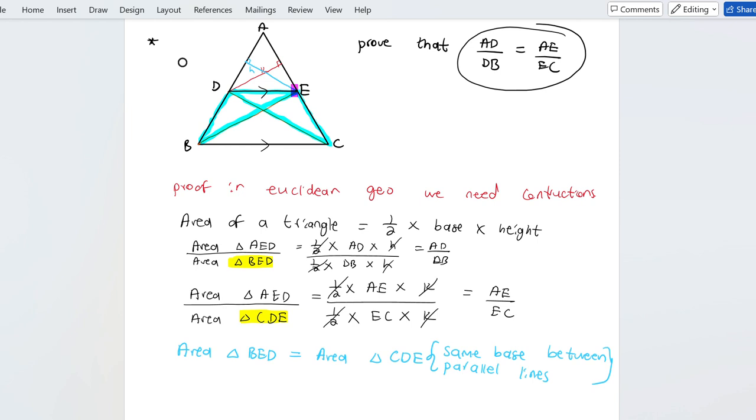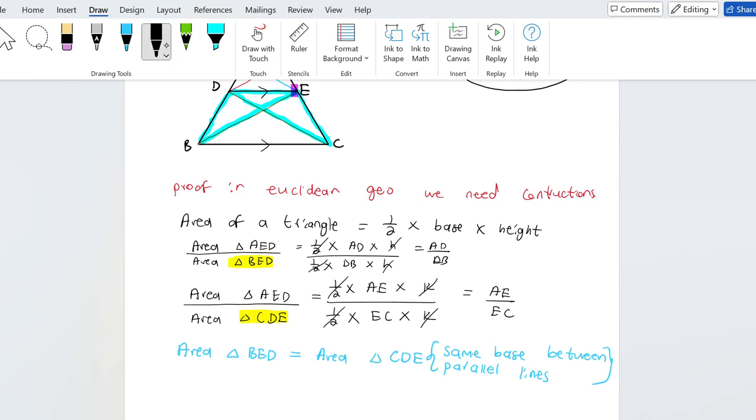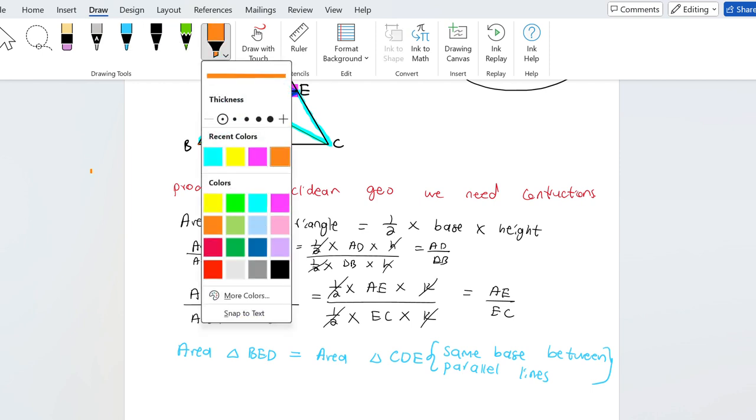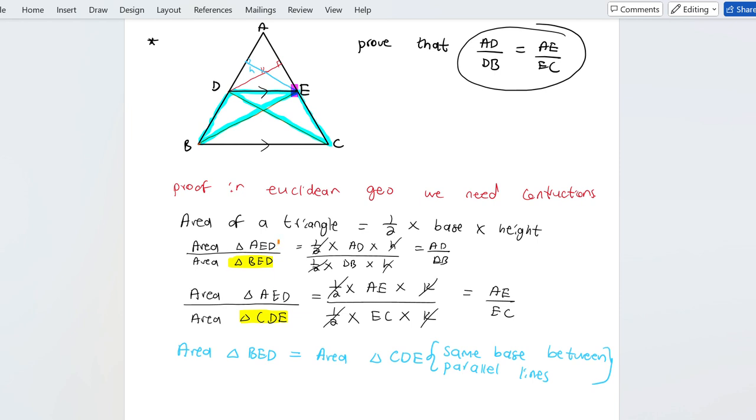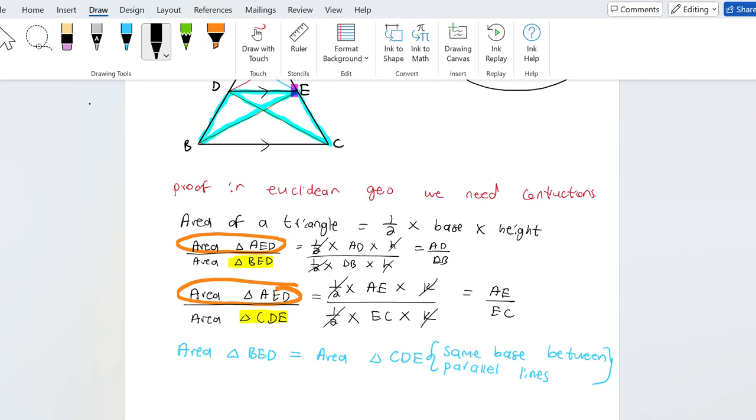Okay. Now, BED is equal to CDE. But then we know that even the ones on top, this triangle AED and this one is the same triangle, right? We just use a different orientation. Now we can conclude that these two fractions are equal.